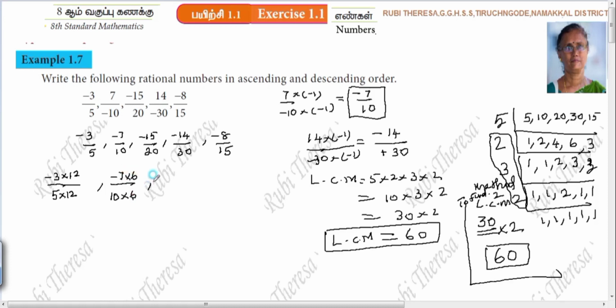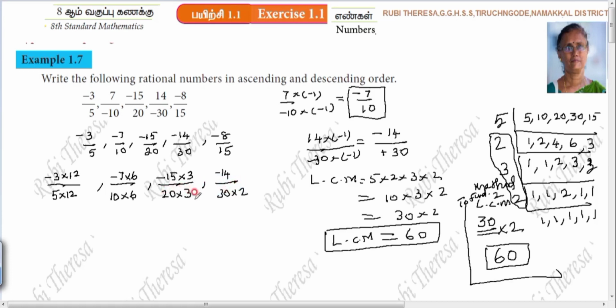Next one you say. Minus 15 by 20. Multiplied by 3. Then the numerator is also multiplied by 3. 20 into 3 is 60. Again, minus 14 by 30. 30 into 2. Here you got the clue.